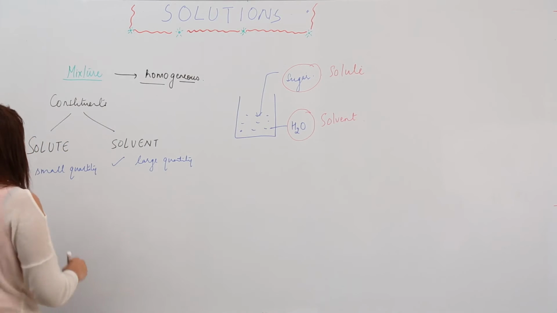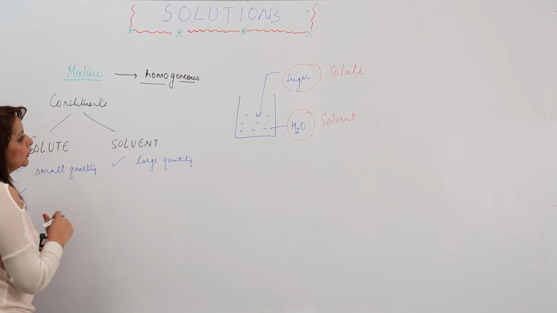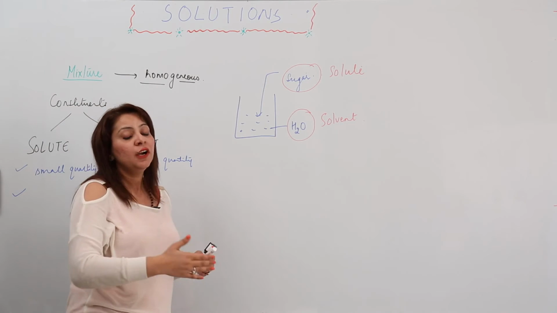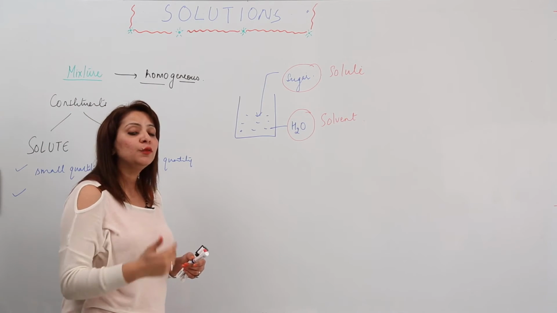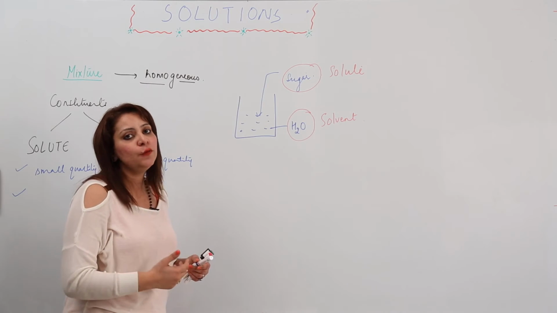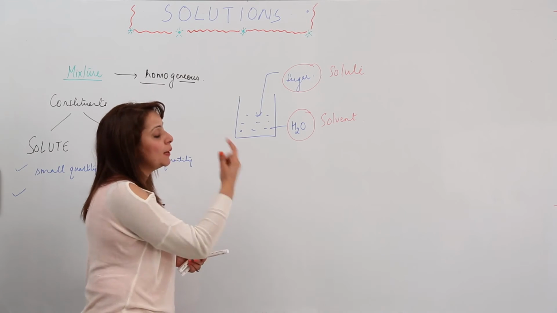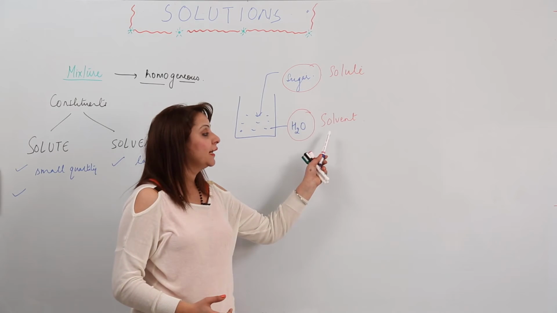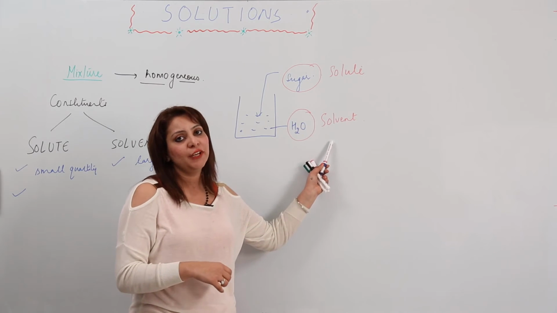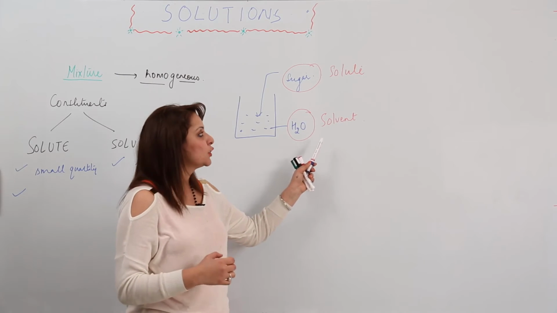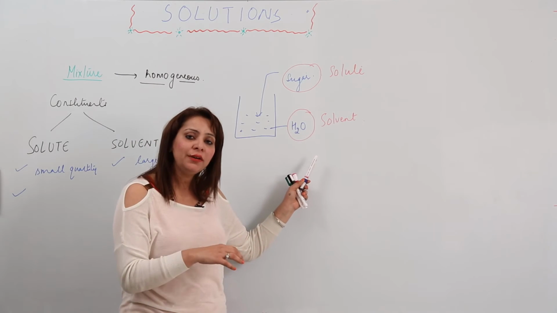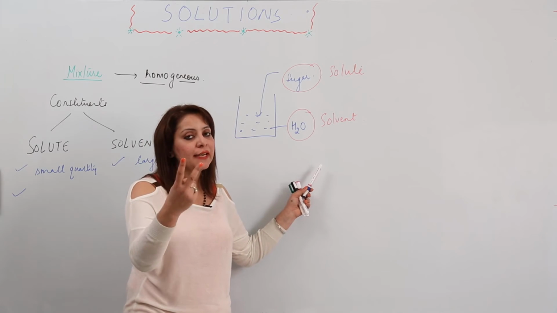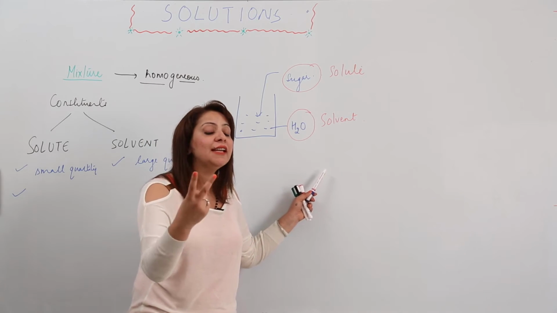The second difference lies in the solubility. When you are dissolving sugar into water, which is going to dissolve, sugar or water? Obviously it is sugar which is going to dissolve. So the component which gets dissolved is called solute, and the component which dissolves the other component is called solvent. In this example, sugar gets dissolved, so it is considered as solute. So solute has two characteristics: small quantity and it gets dissolved.